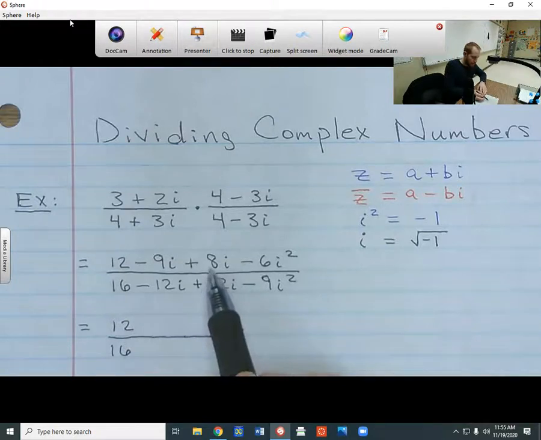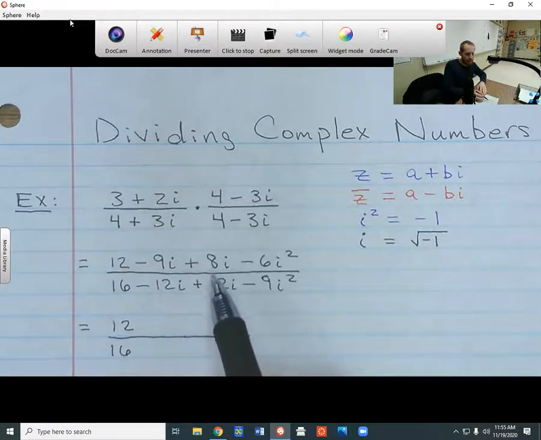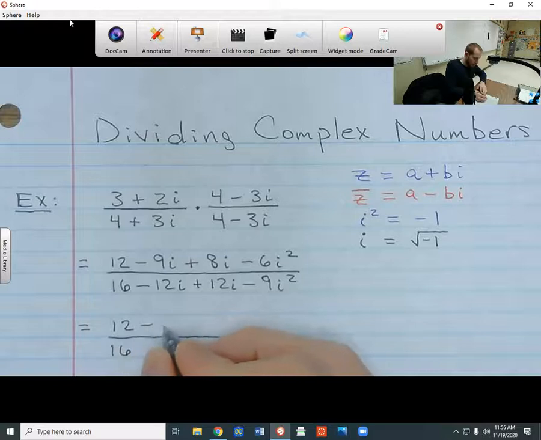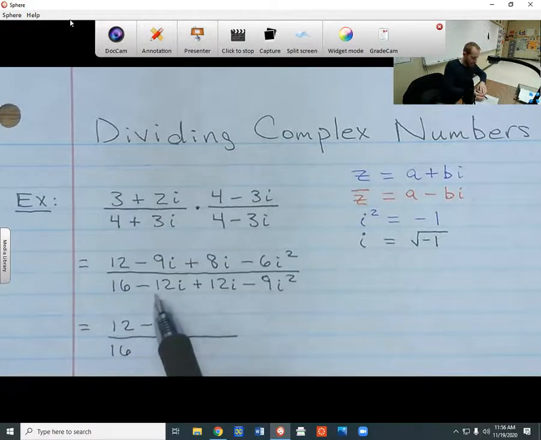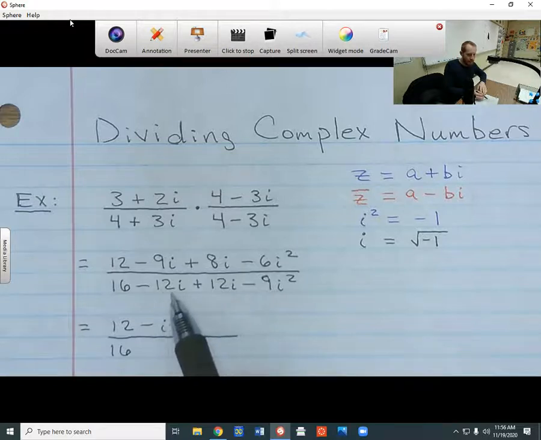Negative 9i plus 8i is going to give me negative 1i, so I'm going to write that as minus i. On the bottom, I have negative 12i plus 12i, and these are actually going to cancel out. Negative 12 plus positive 12 is going to give me 0, so I don't need to write that.